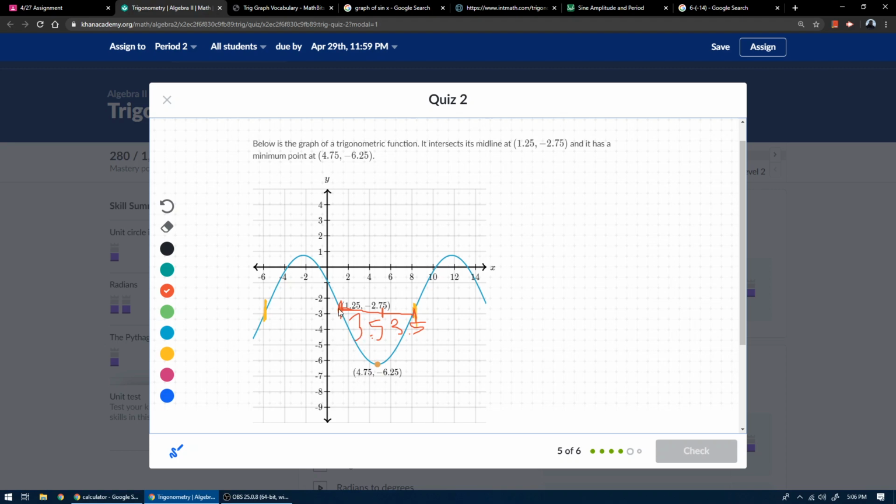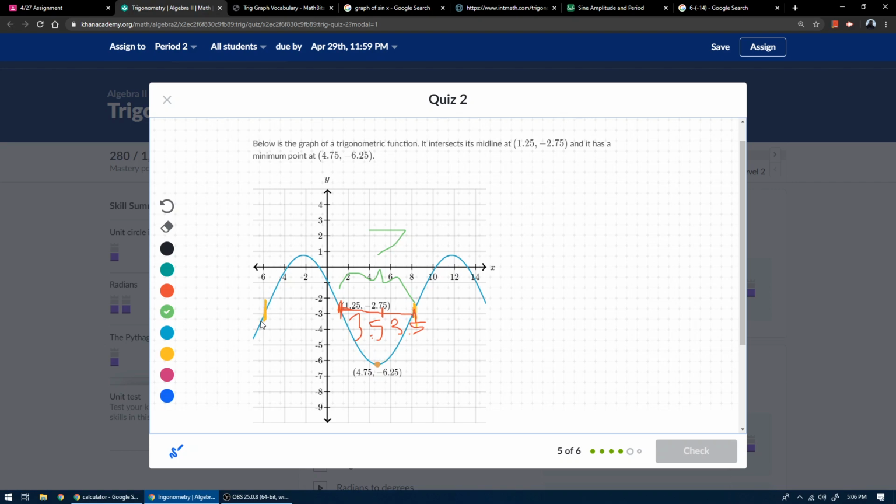Now, this is still center. So I see that half this cycle is 7, because it's 3.5 plus 3.5, that takes me from a center to another center.